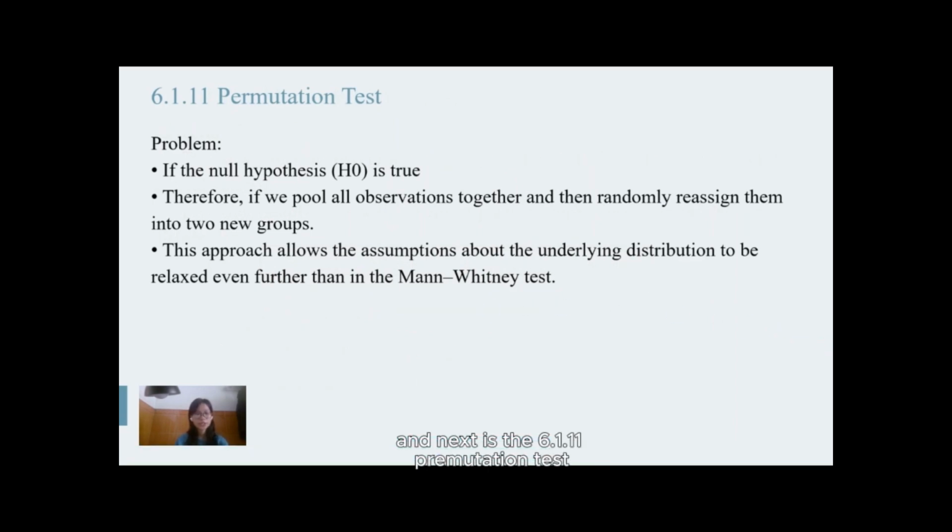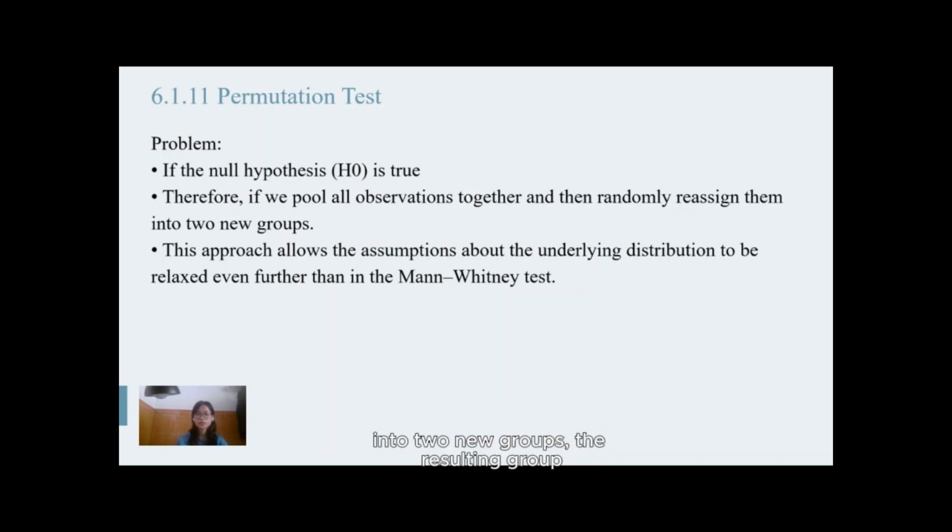6.1.11 permutation test. In this problem, if the null hypothesis is true, that is, if the two samples actually come from the same population, then whether a particular observation belongs to group A or B is random. Therefore, we put all observations together and randomly reassign them into new groups.